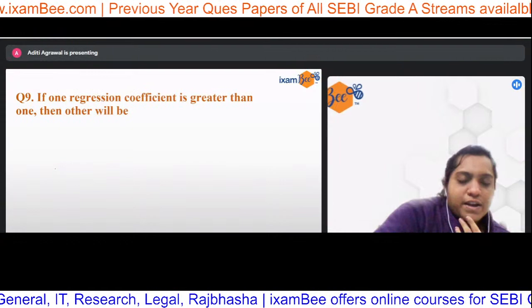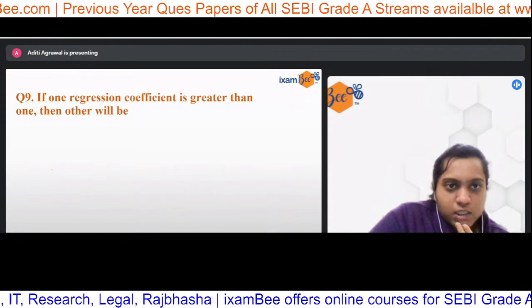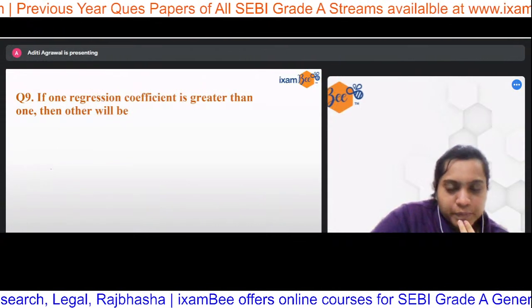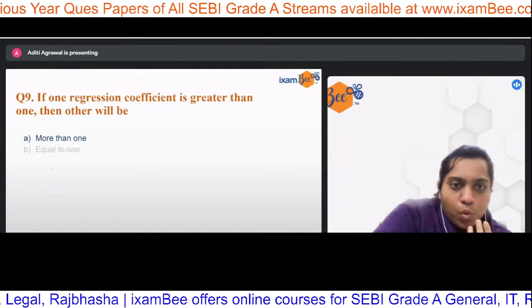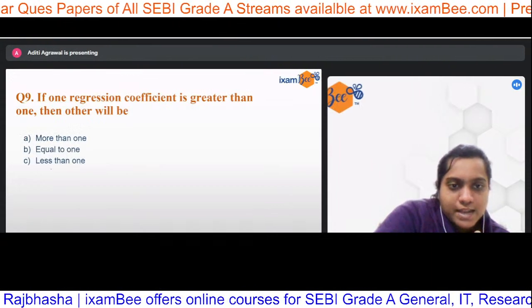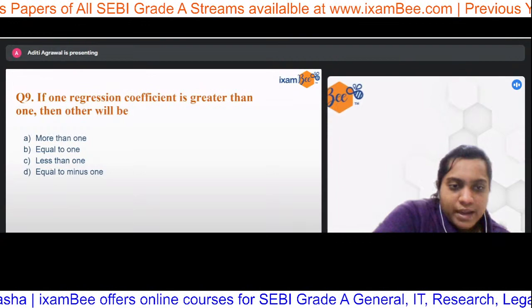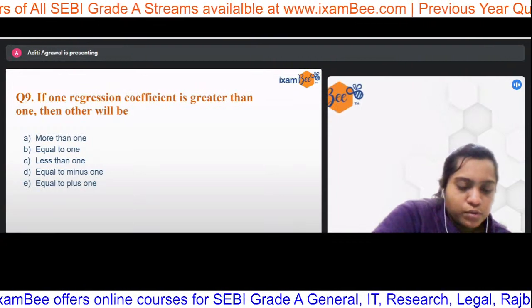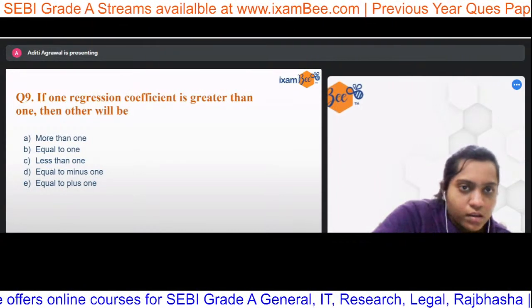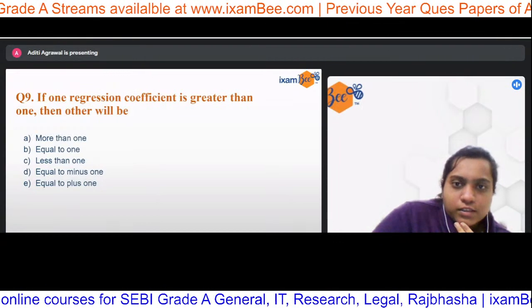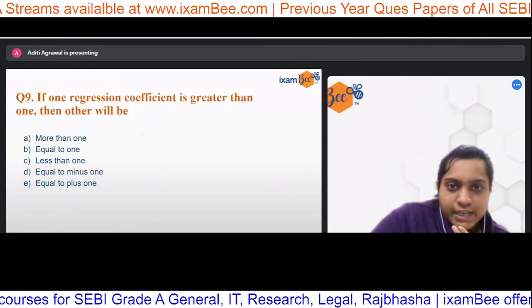If one regression coefficient is greater than 1, then the other will be. The options are more than 1, equal to 1, less than 1, equal to minus 1, or equal to plus 1. So the regression coefficient, right?